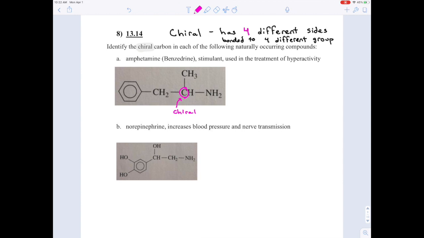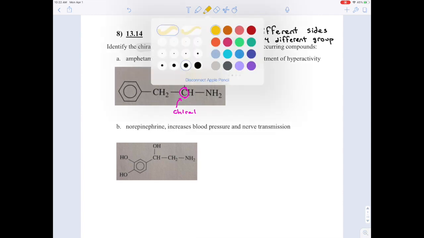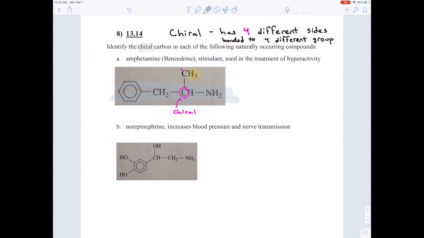Okay, well there's one other carbon we need to check out. It's this one right here. We can see that's bonded to hydrogens, and it's also bonded to this gigantic big group. But that's only 2 different things, not 4, and so that carbon is not chiral. Now for this course, Principles of Chemistry, you really only need to worry about carbon, but theoretically you could have elements that are chiral.